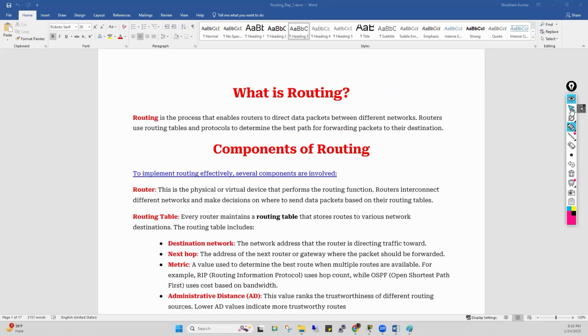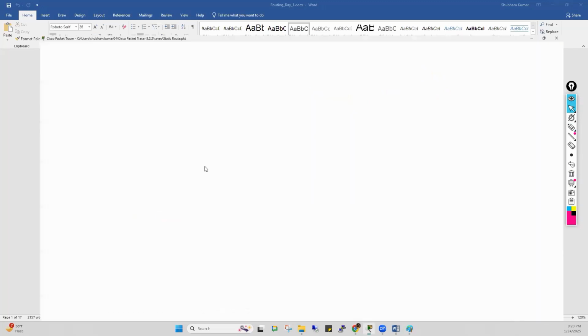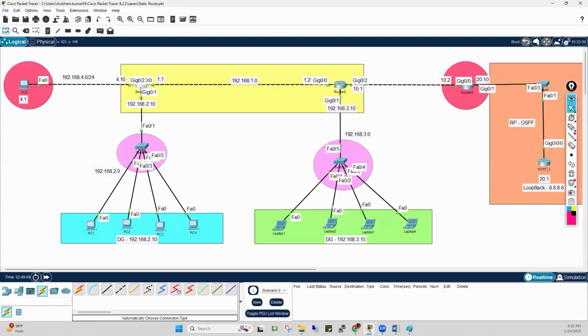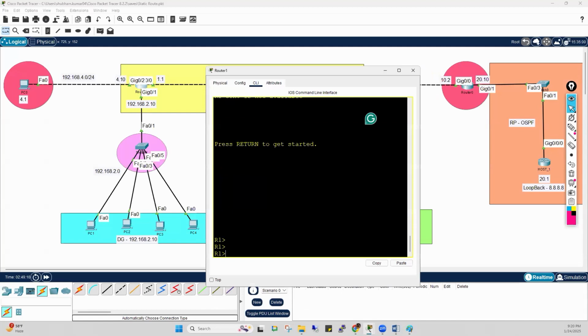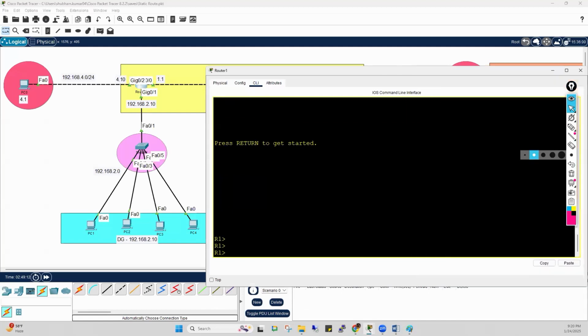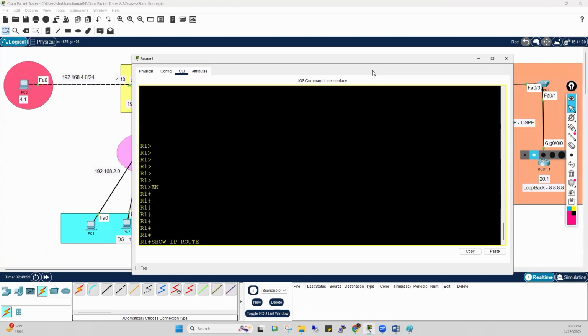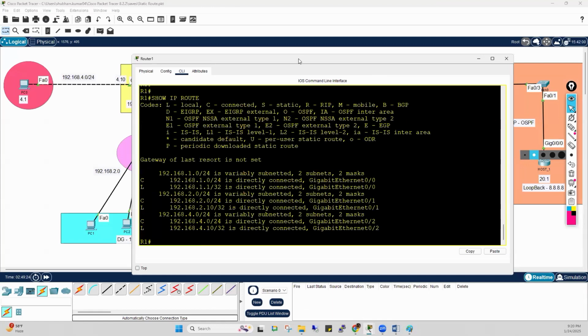Right? So, for example, I open this topology. Okay, I open this router. And what is the command to check the routing table? Let me zoom in. See here. Enable, I'm writing the command show ip route. So please remember, this is the command by which you can check the routing table. Clear? So when I write this command, this is the result I am getting.